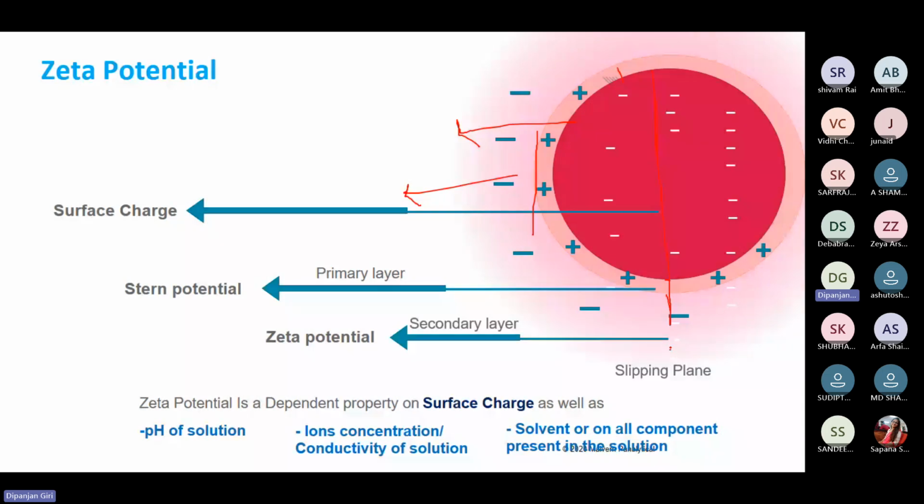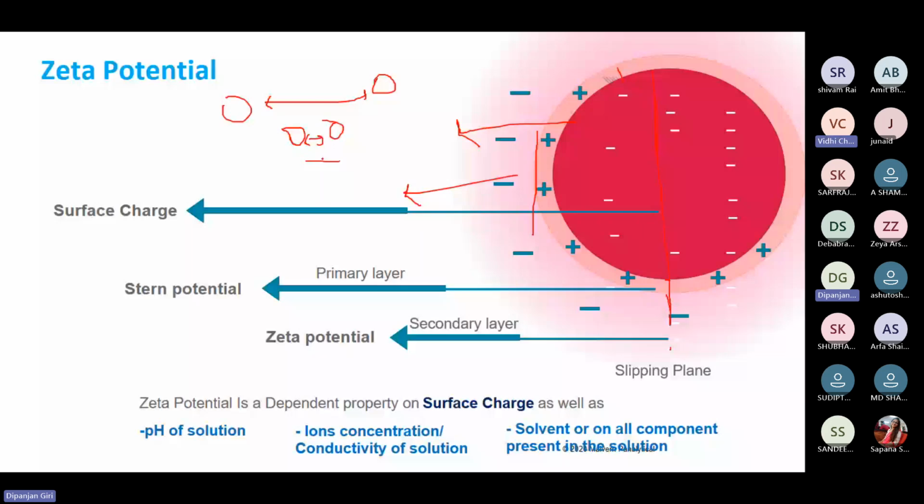If someone says the zeta potential is high, that means if there are two particles, they will repel from a longer distance. That means its charge will influence towards a longer distance. And if the zeta potential is less, they will repel, but not from so long a distance, only from a closer distance.